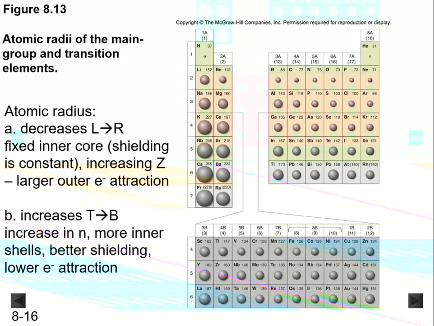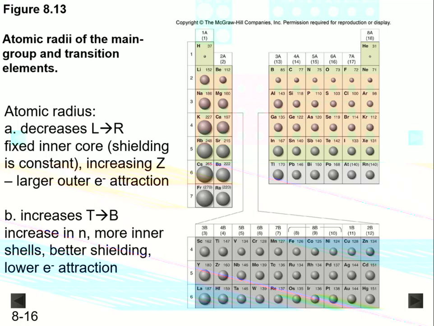The reason the atomic radius decreases going from left to right is that you have a fixed inner core. Everybody in the second row, from lithium all the way over to neon, has the same core electrons, which is helium. But the nuclear charge is increasing. From lithium it's 3, and by the time we get to neon, it's 10.